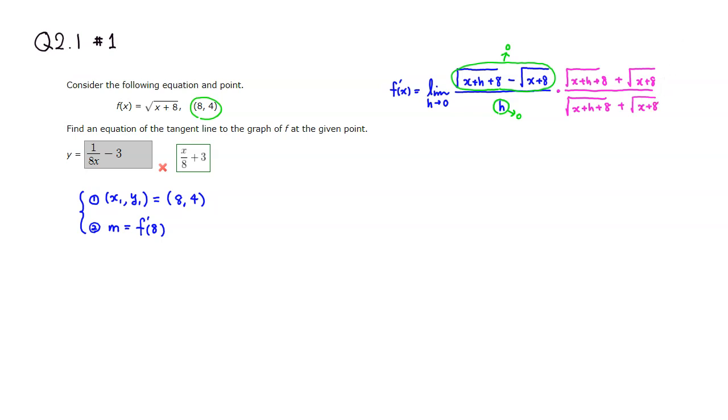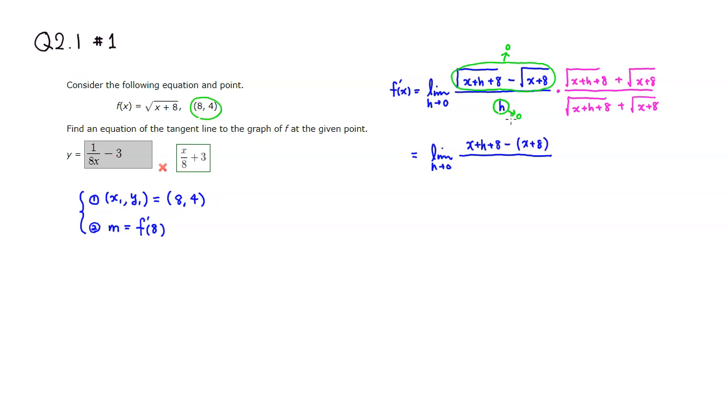Then if you multiply, you have an a minus b times a plus b format, so we can just say a squared minus b squared. Multiplying the numerators together, a squared is square root of x plus h plus 8, squared, so the square root is off, minus b squared, which is x plus 8, square root off again.